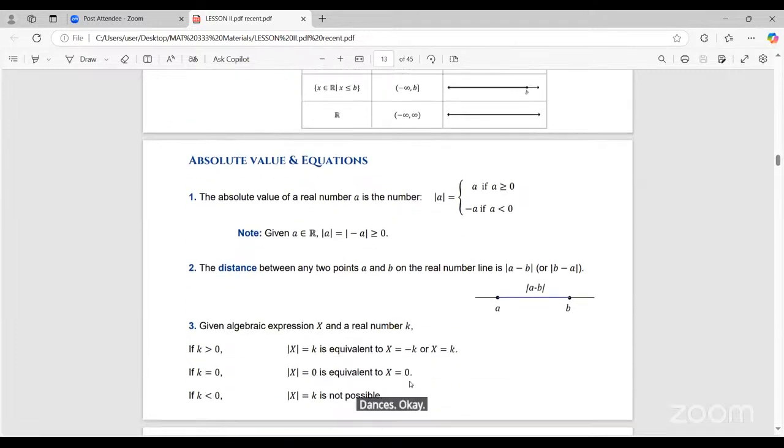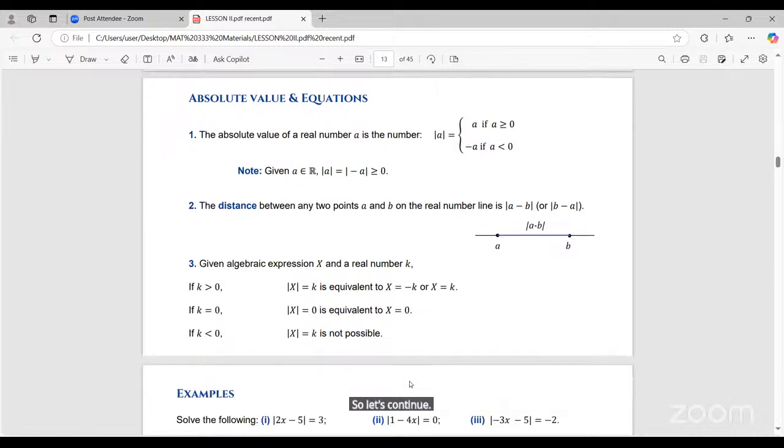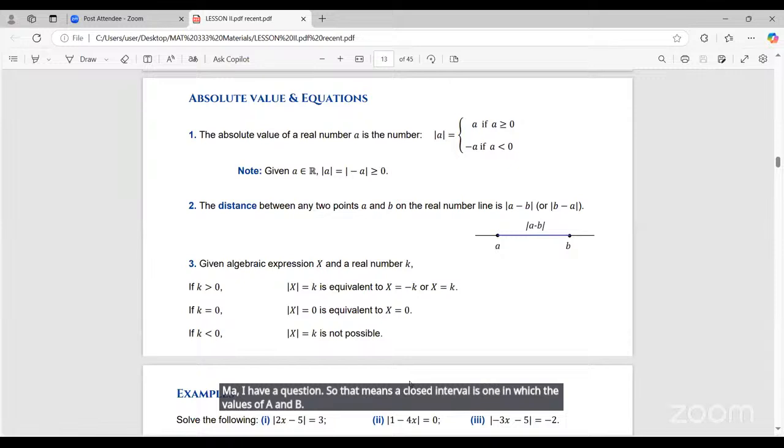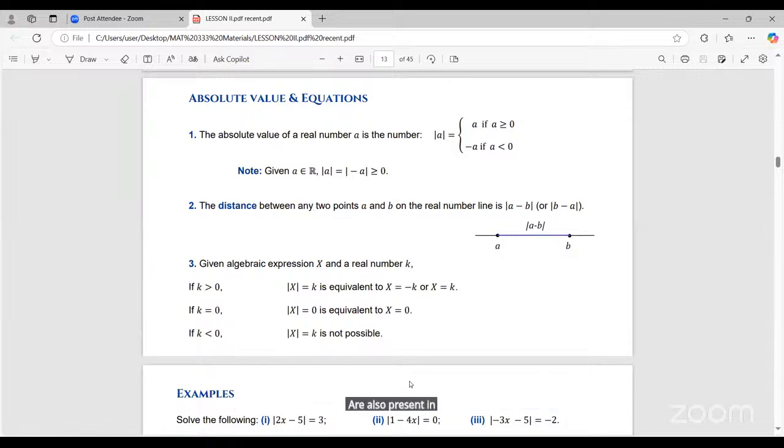So let's continue. So the absolute value of a real number. Ma, I have a question. Yeah. So that means a closed interval is one in which the values of A and B are also present in whatever values are going to be found in X. Yes, when they are equal. When they are less or equal.